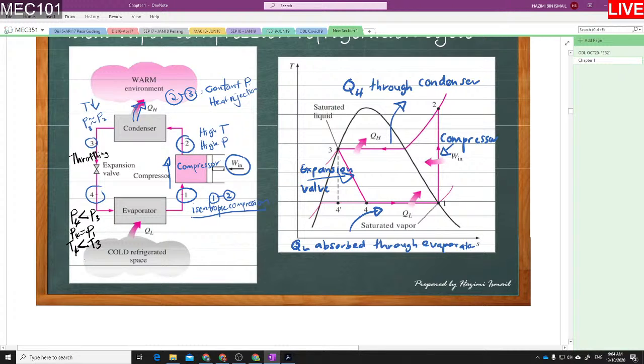T4 is the lowest temperature state compared to all 4 states. T4 is lower than T1, lower than T3, lower than T2, because T2 is the highest temperature.